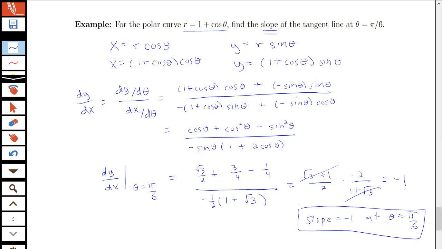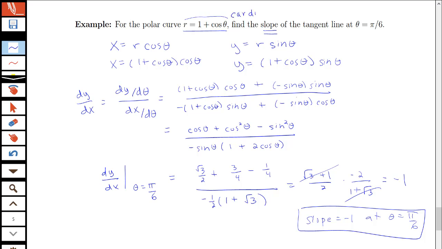If you wanted to see what this looks like on the graph, remember this curve here, if you took a look at that list of the special polar curves, and we have something like a plus b cosine theta, where a divided by b is equal to 1, we're going to have one of those cardioids.